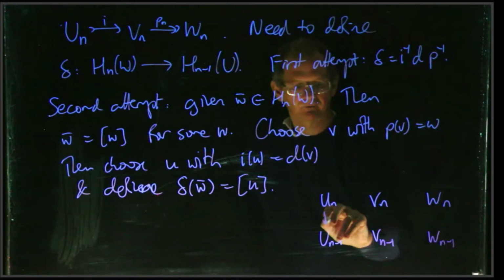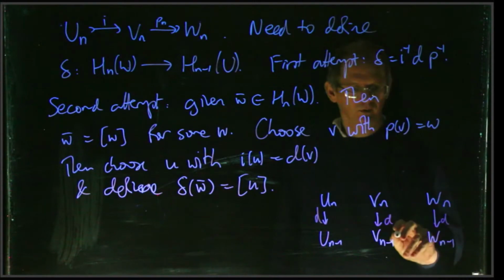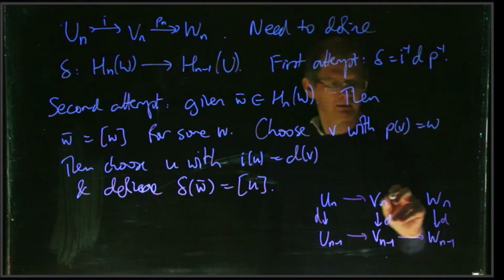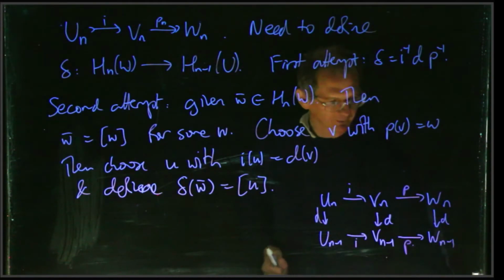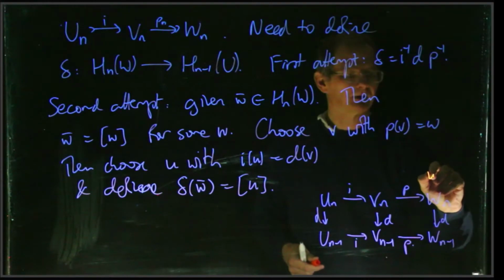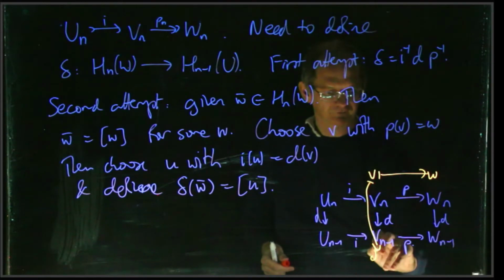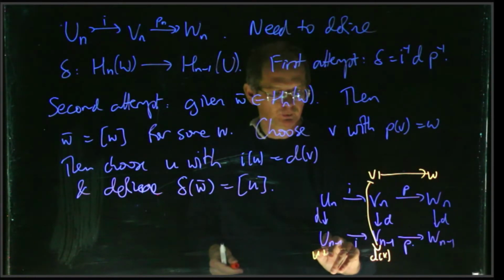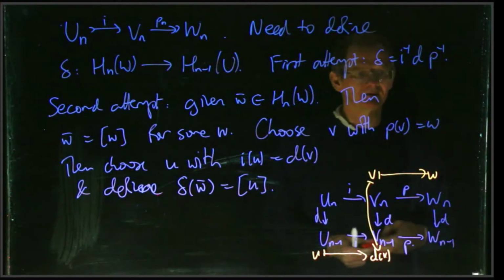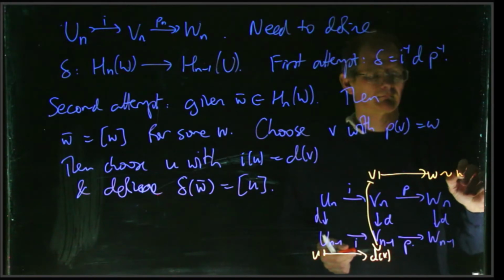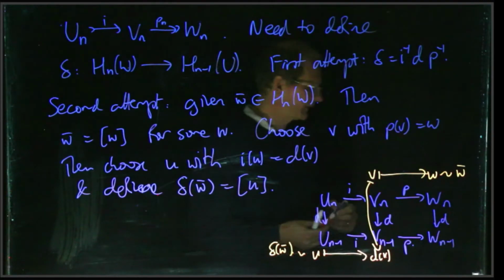And so we've got these d's like this, I and P, I and P. And so we kind of had our W here, and then we chose a V here that goes there, and then we've got dV here, and then we chose our U that goes like this. So that's how this procedure works.